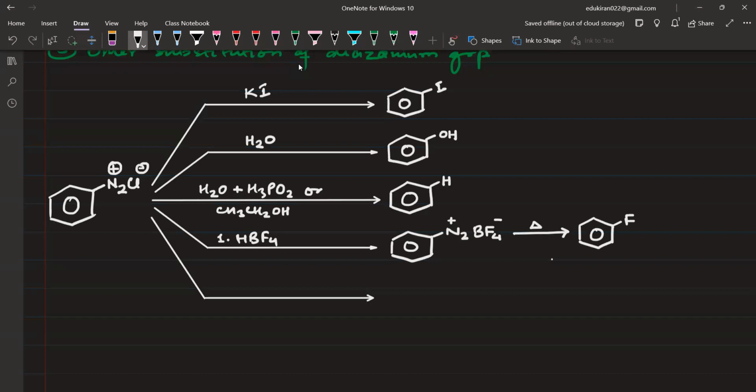Now one more reaction is when you have first step HBF4 as before, and in the second step you add NaNO2 in the presence of copper and heat. In this case, the diazonium group is replaced by NO2, you get nitrobenzene.